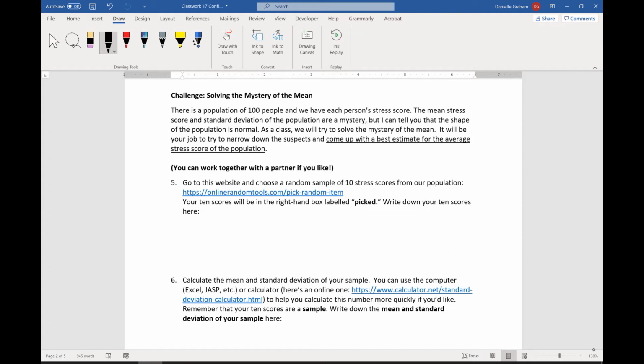There's only 100 people. We take this 100 people, and we're interested in stress levels among this group. We want to know, how stressed is this population? Since it's a small population, we're actually able to collect data from everybody.